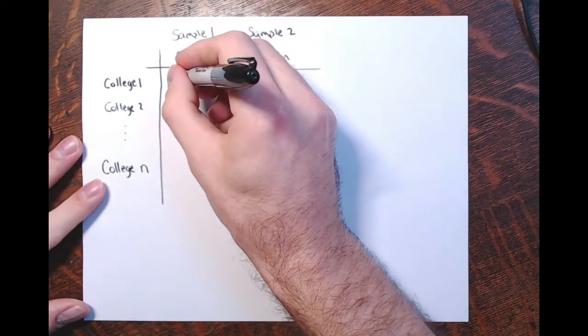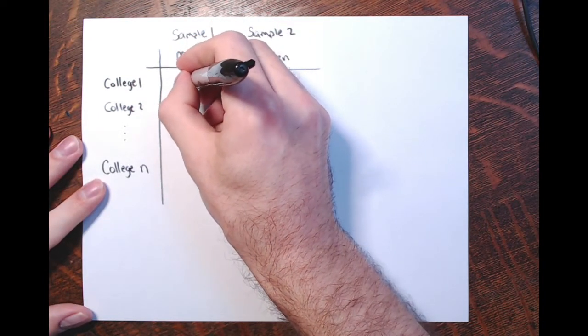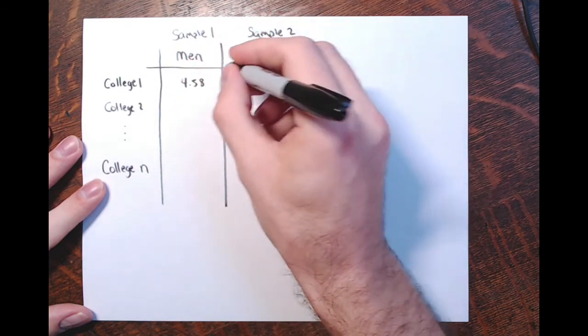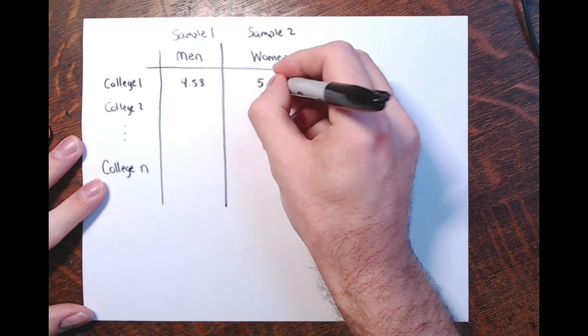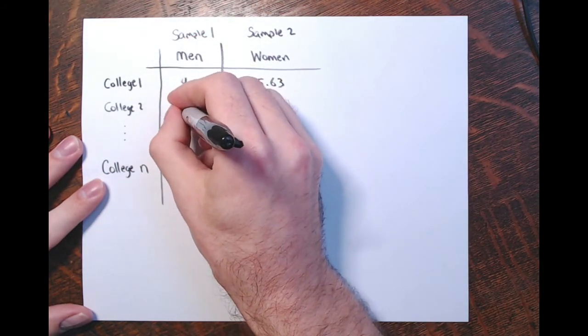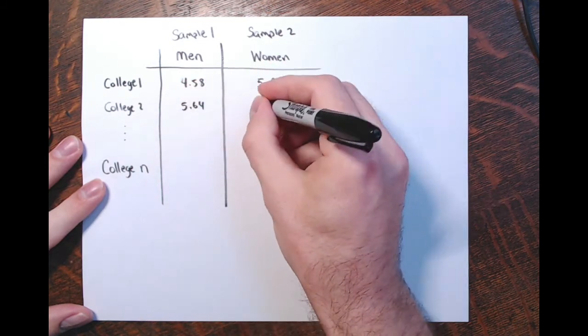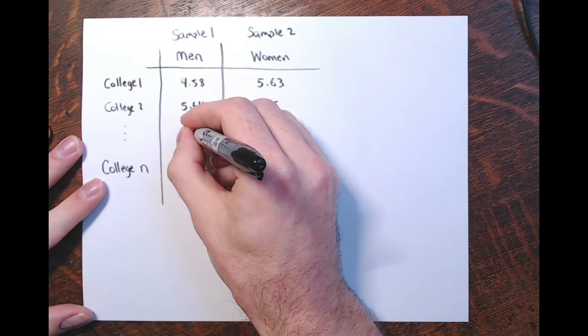This first value is 4.58 for college 1, and the second value for the women is 5.63 for the first college. Then for the second college, it's 5.64 for the men and 6.15 for the women, and so on.